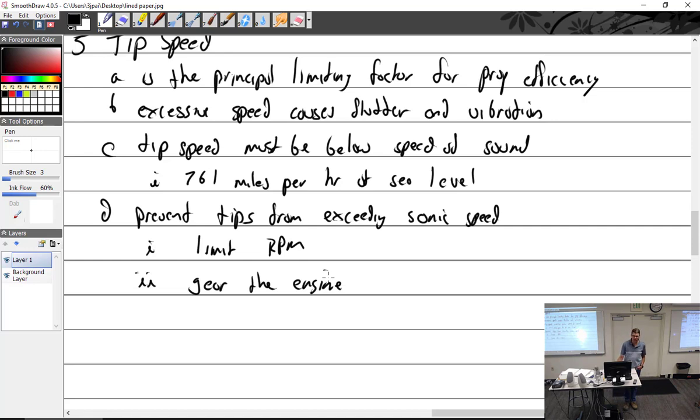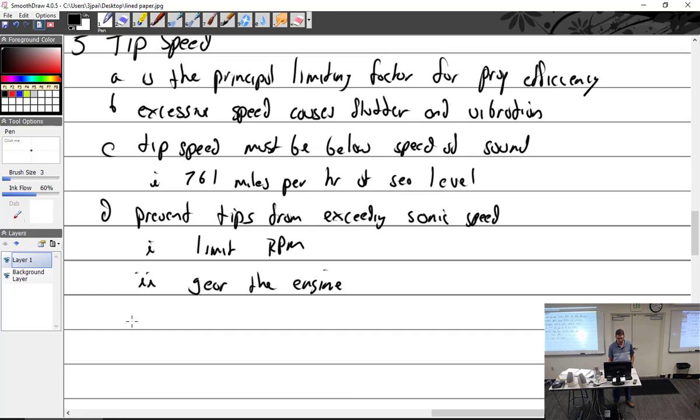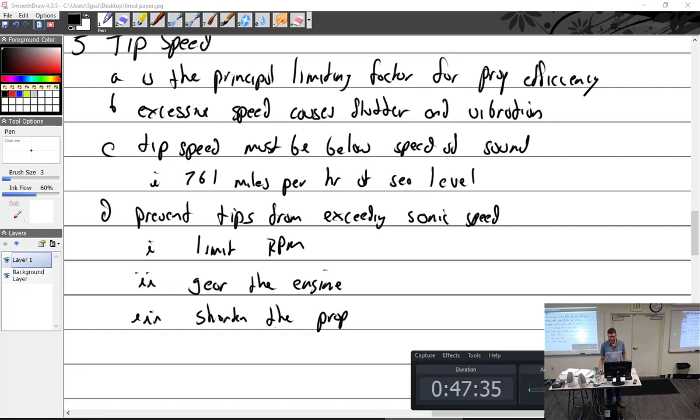So the engine's going to turn much faster and the prop's going to turn much slower. Or shorten the prop. If you bring the tips in, then they don't move as fast. It's true. It's all part of the design, not something you're going to do in the field.